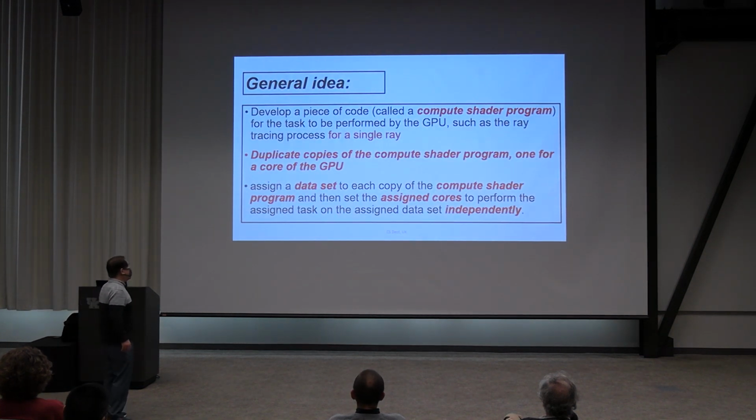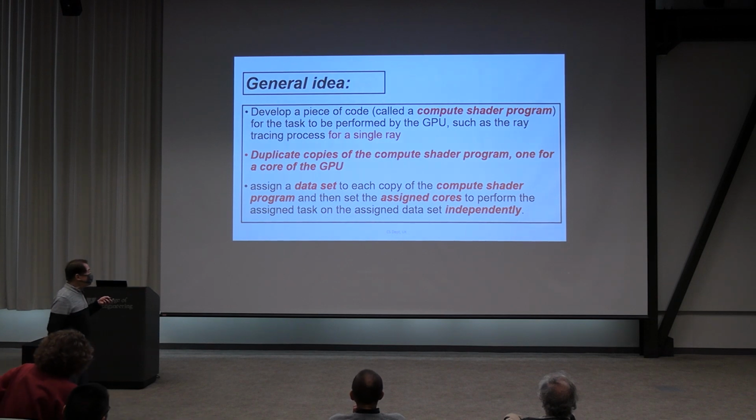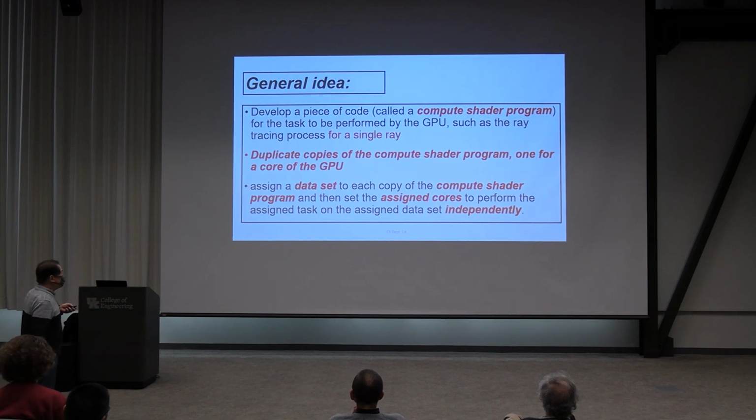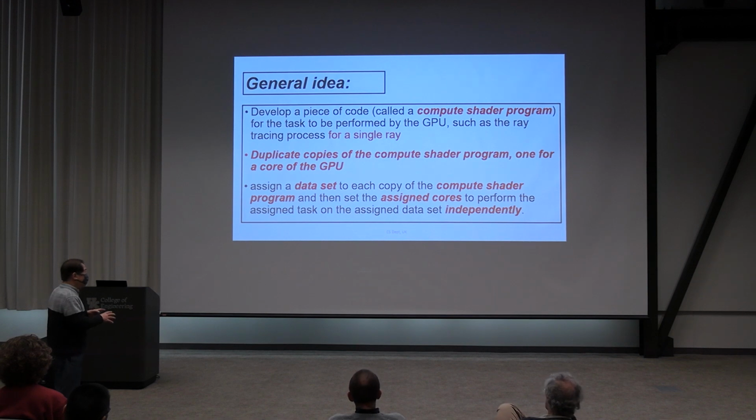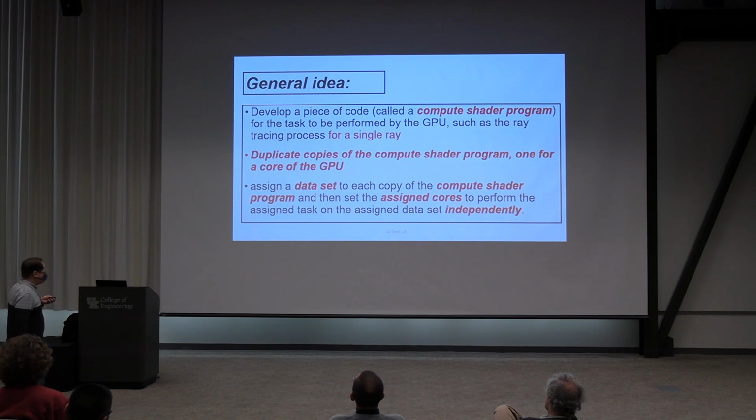This means that we can develop a piece of code called a compute shader program for the task to be performed by the GPU, such as the ray tracing process. Each process is exactly the same, only that the data set may be different. So here we have to duplicate copies of the compute shader program, one for each core of the GPU.